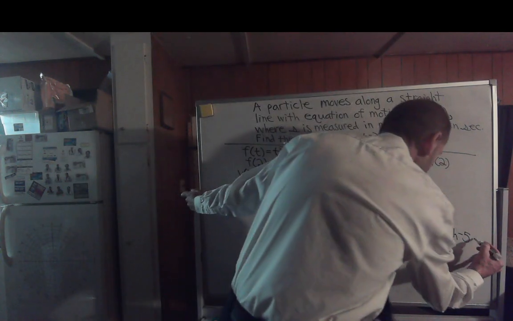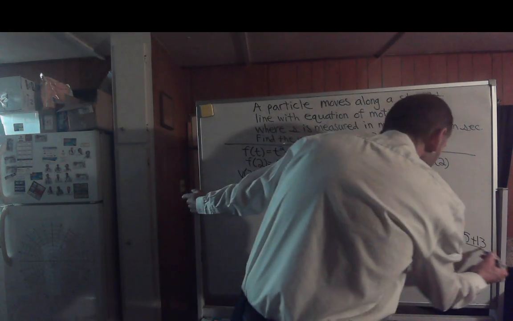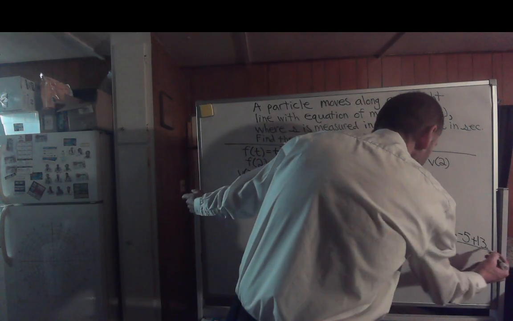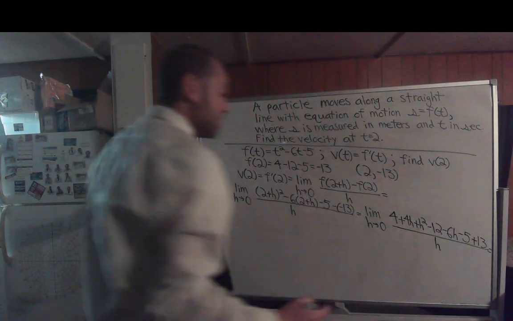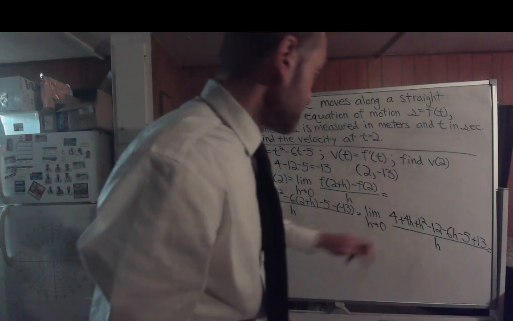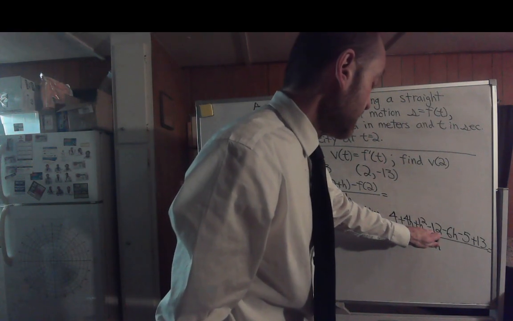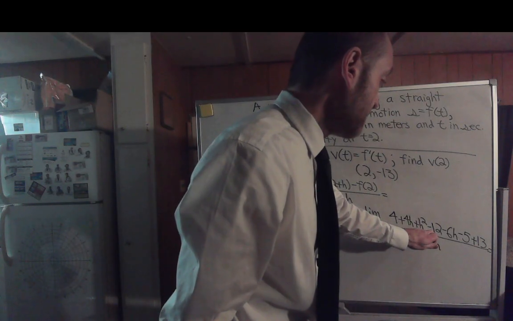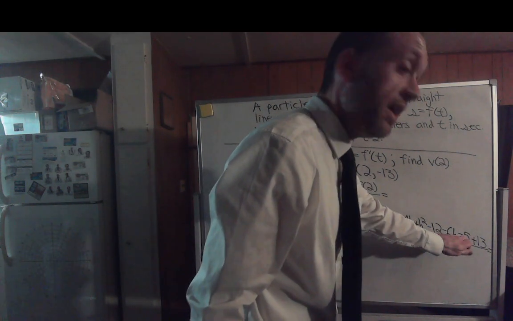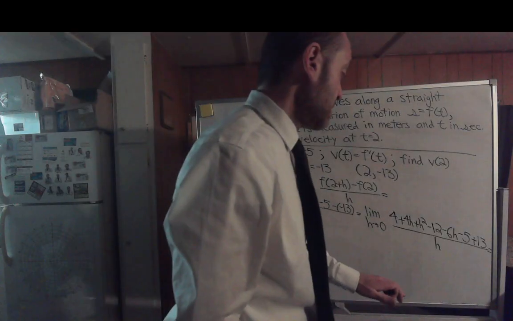Minus 5 minus negative 13, that's plus 13, all over h. We can simplify the numerator a bit further. So 4 minus 12 is negative 8, minus 5 is negative 13, plus 13 is 0. So all your constant terms are gone.